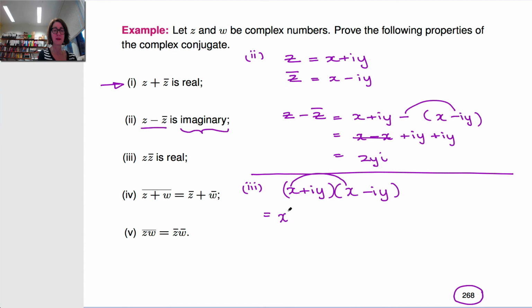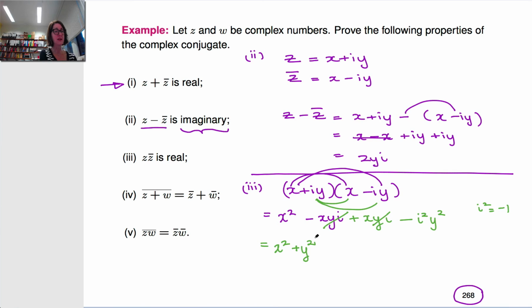So I get an x squared term, I get a minus xyi term, I get a plus xyi term, and I get a minus i squared y squared term. So these cancel out. This is an x squared, and i squared is just minus 1, of course, so this is just plus y squared.